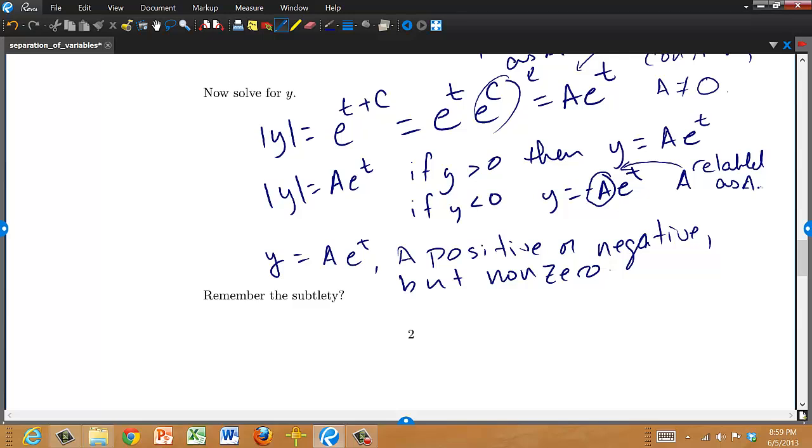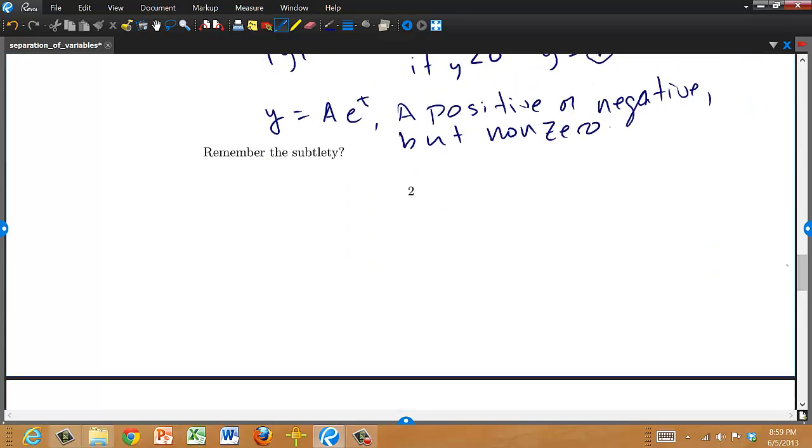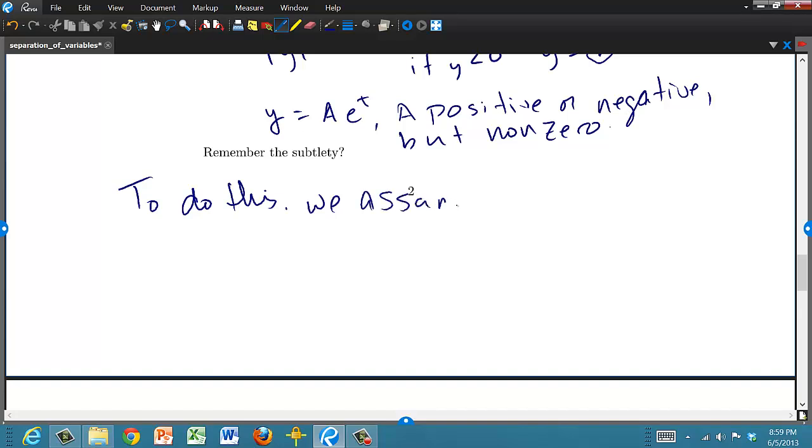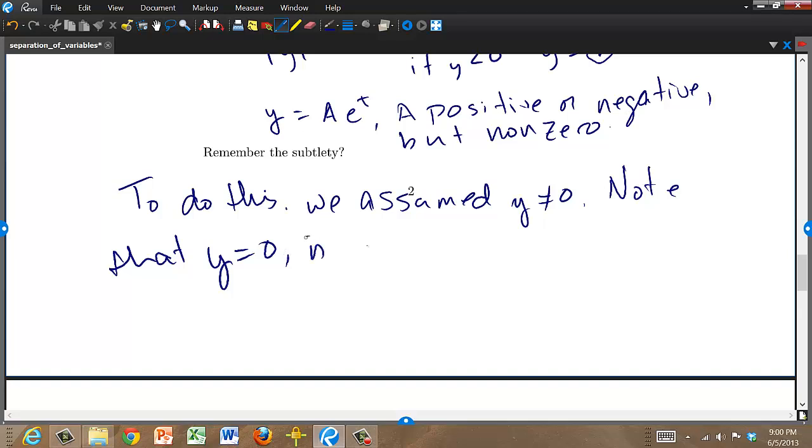Okay, now what's the subtlety? Remember, when we did all of this, we assumed that a was non-zero. Or we assumed y was non-zero. Note that y equals 0 is a solution to the original ODE, y prime equals y.